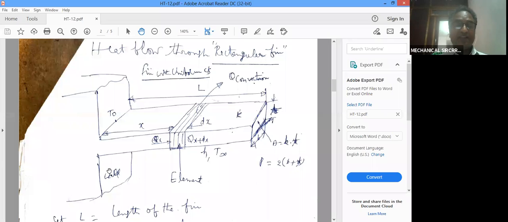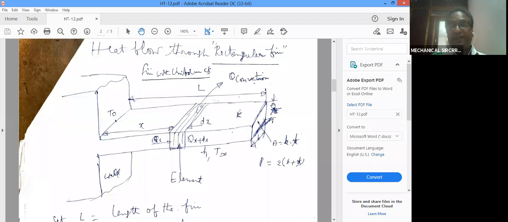This is the wall of the engine. L is the length of the fin, T is the thickness, b is the width, and K is the thermal conductivity of the fin material.